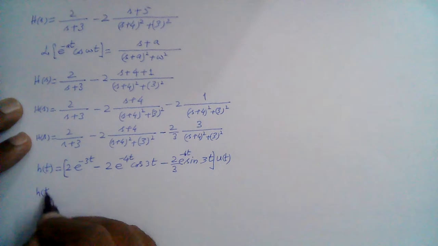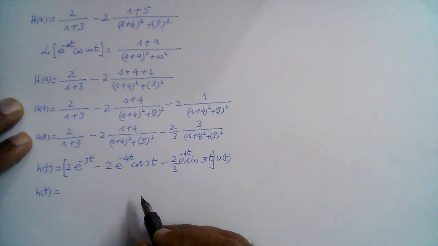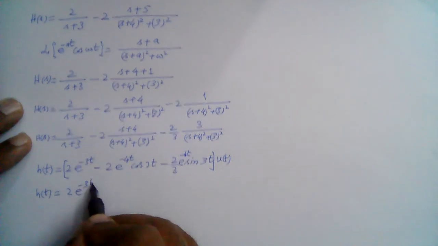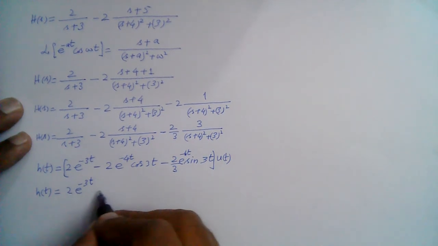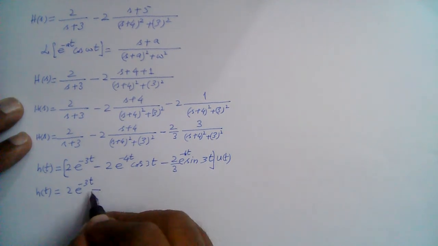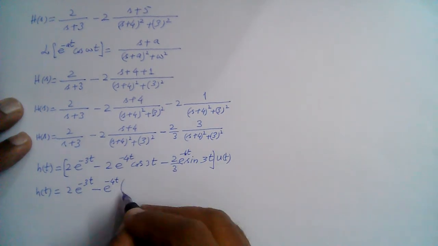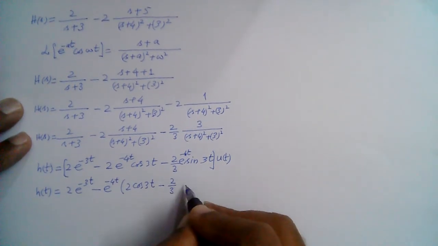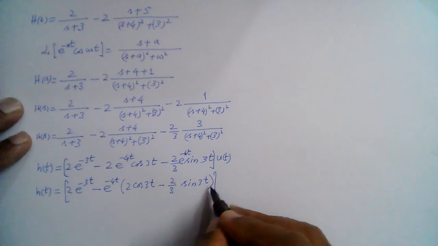So h of t is given by 2 e raised power minus 3t and we take this minus sign common, and e raised power minus 4t common here, and we can write it 2 cos 3t minus 2 over 3 sine 3t, and enclose whole this with u of t.